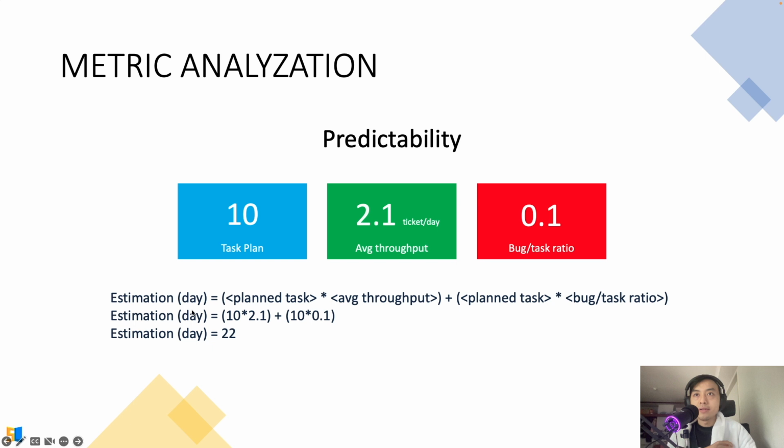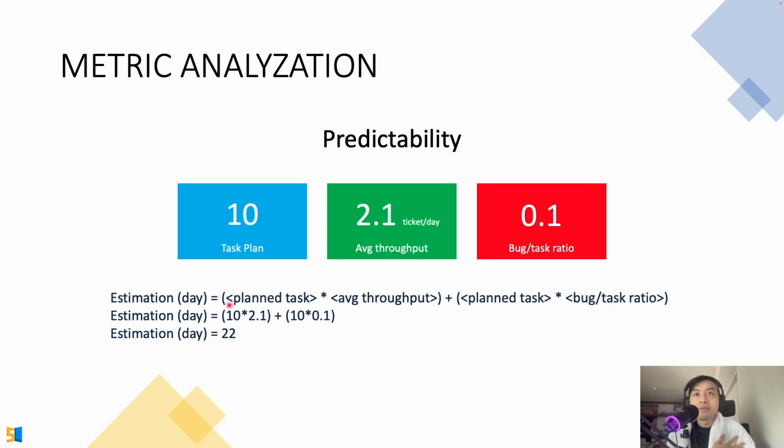As you can see, we can calculate the estimation in days by this formula: planned tasks times average throughput, and then we sum it with planned tasks times bug per task ratio.